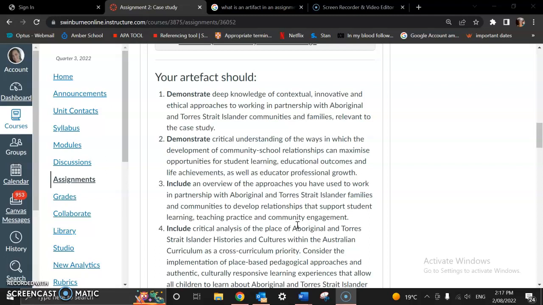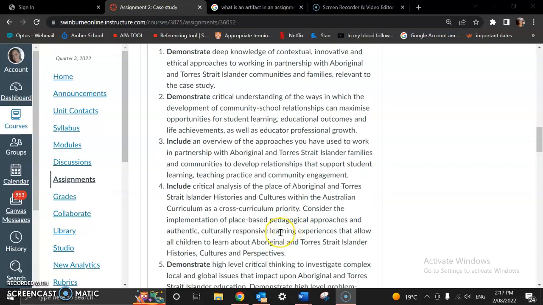The final thing you want to do is you need to include analysis of the place of Aboriginal and Torres Strait Islander histories and cultures within the Australian curriculum. So you could talk about maybe something specific that you wanted to include here that links to a content descriptor in the cross-curriculum priorities.